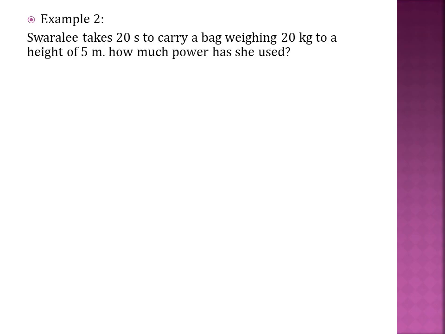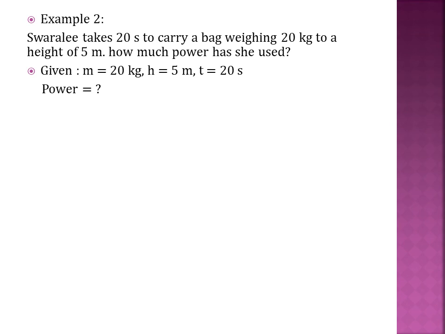Example 2. Sorali takes 20 seconds to carry a bag weighing 20 kg to a height of 5 meter. How much power has she used? First we will write what is given, that is mass equal to 20 kg, height equal to 5 meter, time equal to 20 seconds. What we have to find out? Power.